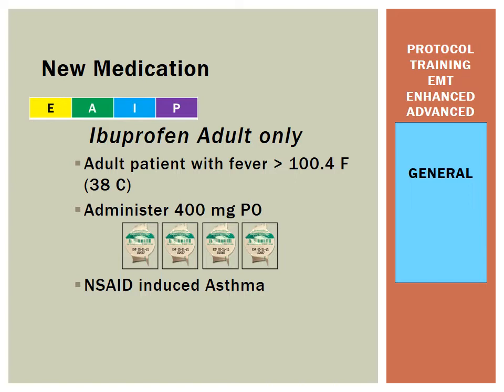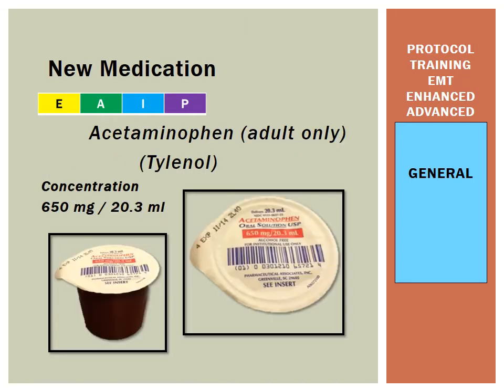I talked about asthma as a contraindication to the administration of ibuprofen, and that is because of a condition known as NSAID-induced asthma, or nonsteroidal anti-inflammatory drug-induced asthma. Research has shown in about 8 to 20% of asthma patients, the administration of NSAIDs may cause a severe asthma attack. So we want to avoid ibuprofen in our asthma patients.